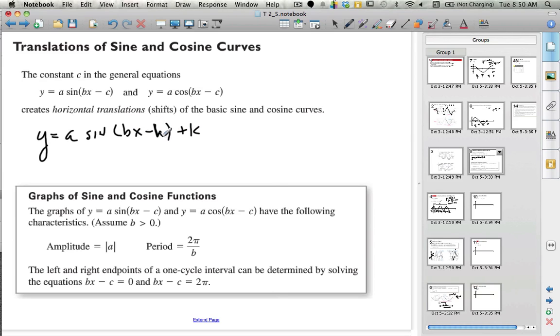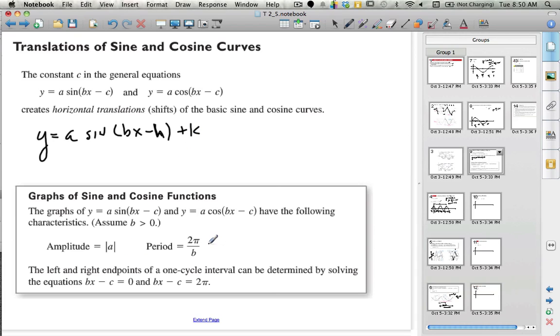All right, so remember, h is a horizontal change, k is a vertical change. Your book may call them c and something else for the k value, but I wanted to make this a little more familiar. It's still the same idea. That h is going to make a horizontal change, and k is going to make a vertical change.